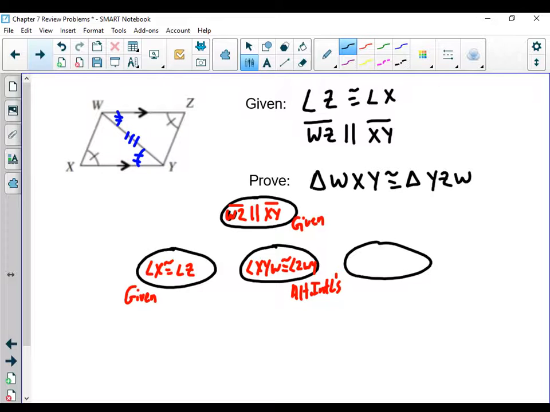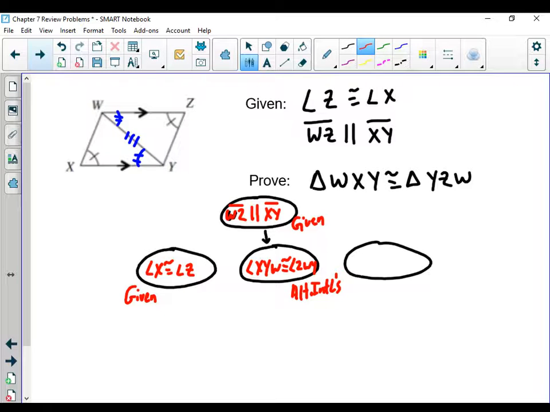But more importantly, that led me to that statement. So I'm going to put an arrow there. I didn't need the fact that those 2 lines were parallel to say that X and Z were the same, so I don't need an arrow there.